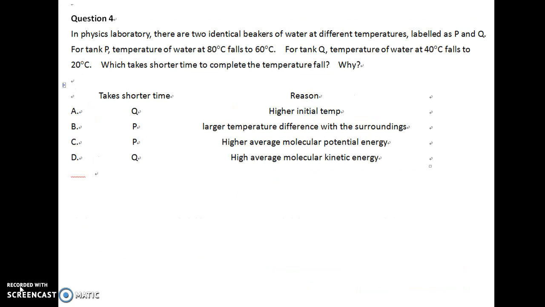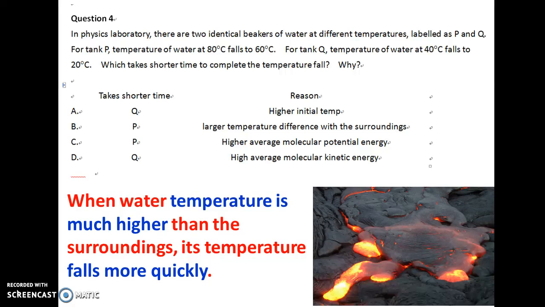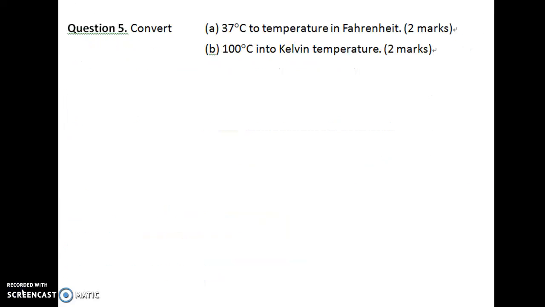Question 4. There are 2 beakers of water. One has a higher temperature than the other. When the water temperature is much higher than the surroundings, its temperature should fall more quickly. Question 5.